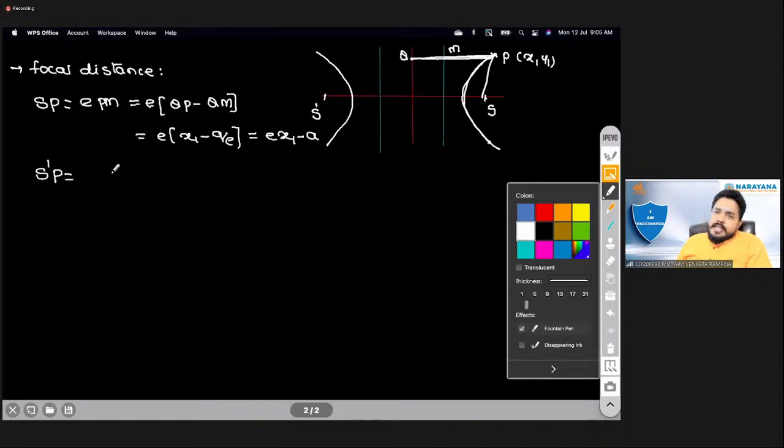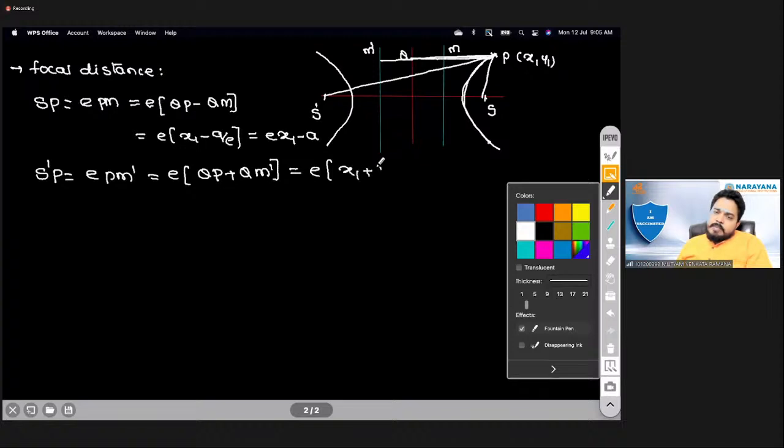Similarly, S dash P, same point on this one. S dash P is equal to e times PM dash, which is QP plus QM dash, which is equal to e times x1 plus a by e, so ex1 plus a.